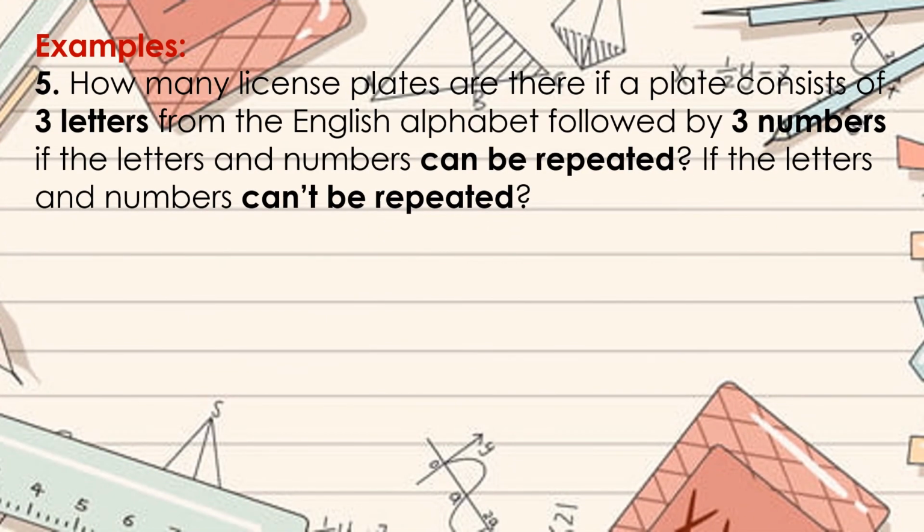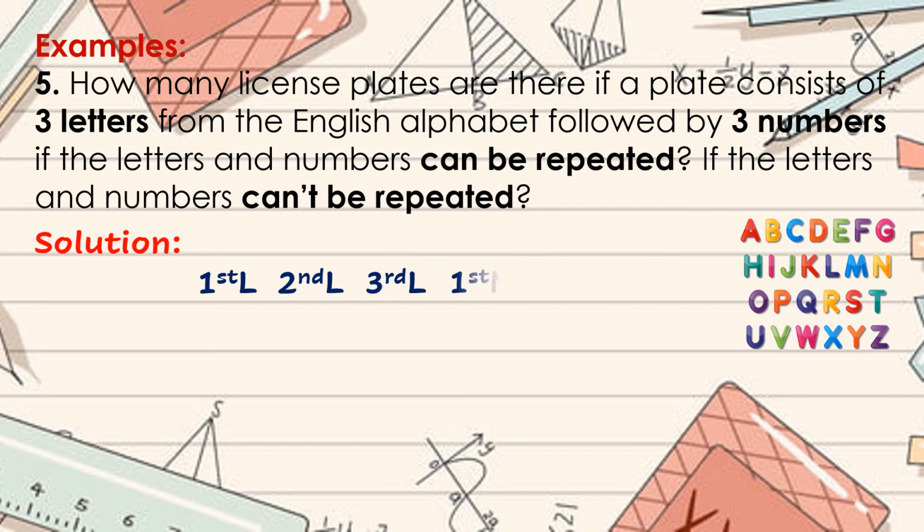Example number 5. How many license plates are there if a plate consists of 3 letters from the English alphabet followed by 3 numbers if the letters and numbers can be repeated? What if the letters and numbers cannot be repeated? For the solutions, ayan, so ang license plate natin is consists of 3 letters from the English alphabet and 3 numbers.